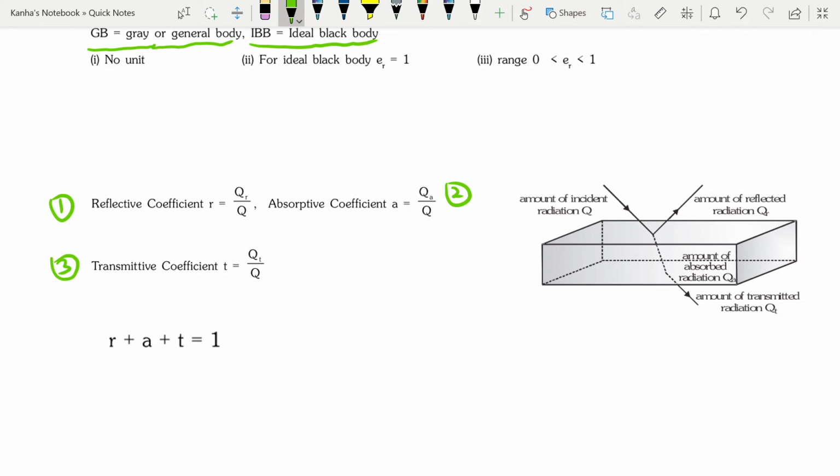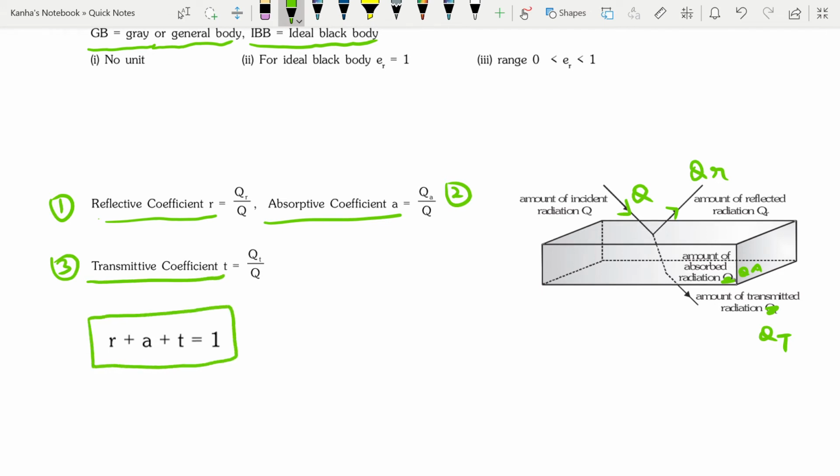So you have the reflective coefficient R is equal to QR by Q, where this is the reflected one, and this is Q. This is absorbed, and this is transmitted. You have the absorptive coefficient A, the transmitted coefficient T, and reflective plus absorptive plus transmittive coefficient is equal to 1, because there is no loss of energy here.